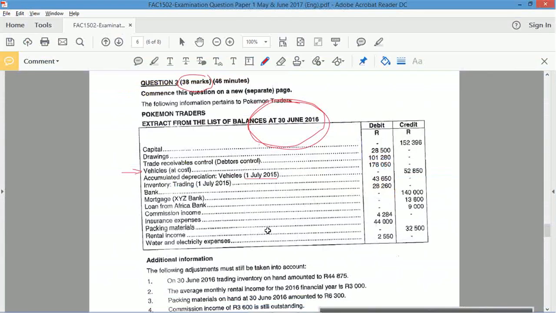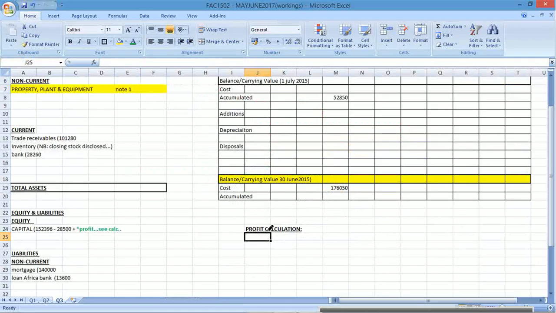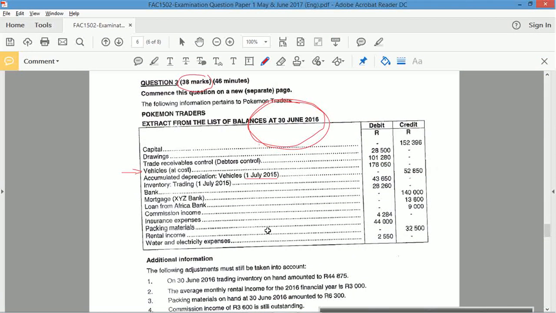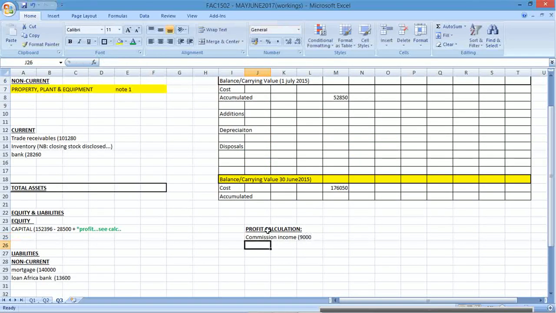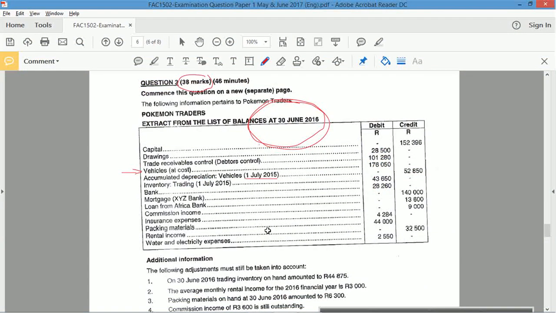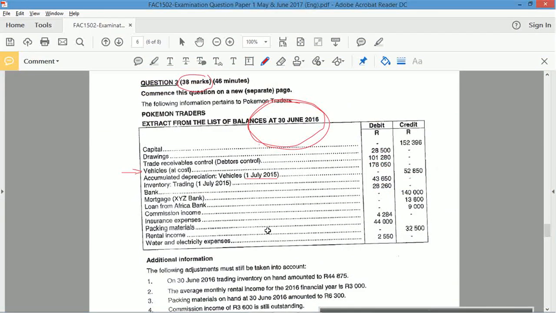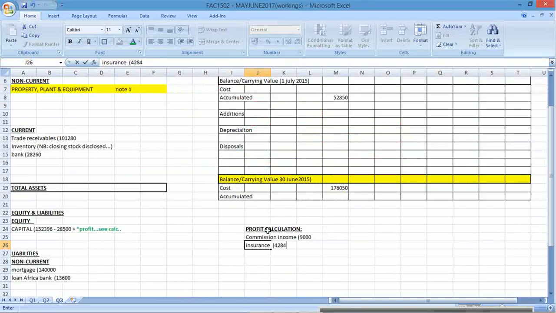I've got commission income here. Brackets. Commission income. How much? 9,000. Okay. Insurance expenses. 4284. Packing material.